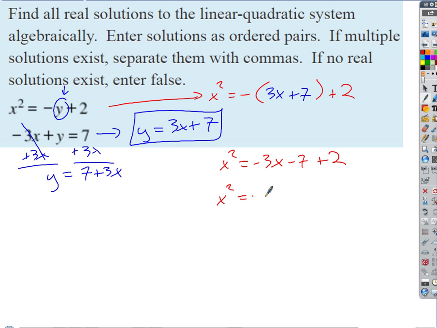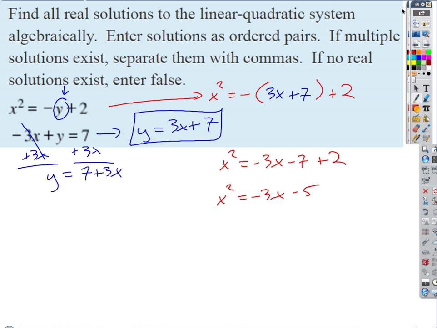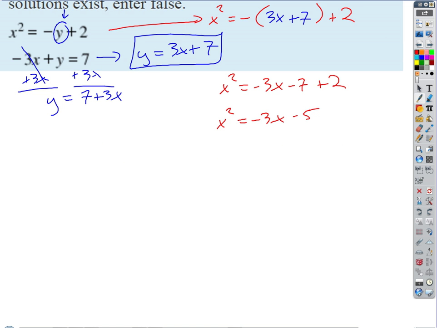So x squared equals negative 3x. Negative 7 plus 2 is minus 5. And then I'll put it in standard form. I'll just add 3x to both sides and add 5 to both sides. And if I do that, I just end up with x squared plus 3x plus 5 equals 0.